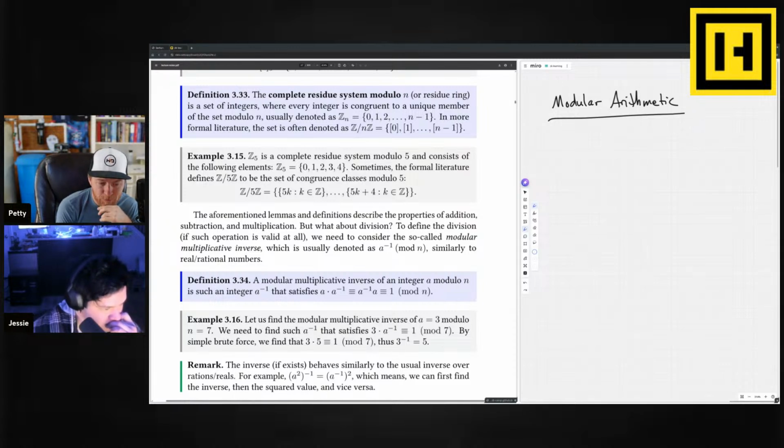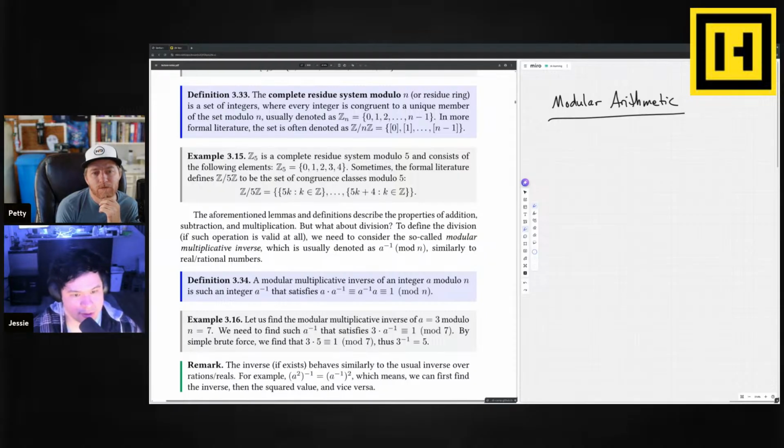Complete residue system modulo n. Residue ring. What was it called when you have a field, every integer congruent to a unique member of the set modulo n? I remember when you have a specific field and you find a generator that is the exponent of the field to the power of that.